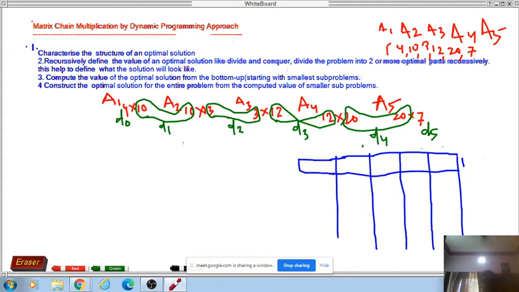Similarly, the rows will be 2, 3, 4, and 5, numbered 1, 2, 3, 4, 5, then 5, 4, 3, 2, 1.